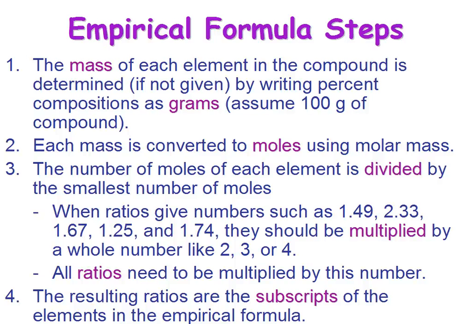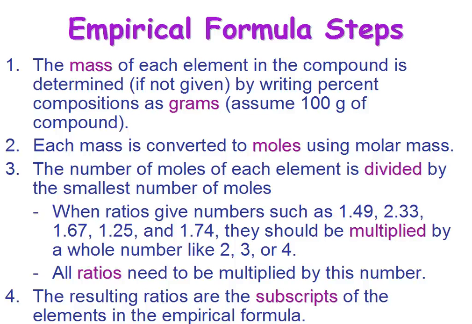Sometimes when you calculate those ratios, you get fractions such as 1.49, 1 1/2, or 2.33, 2 1/3, 1.25, 1 1/4. When that happens, we need to get rid of that fraction, and we do that by multiplying by its denominator. So 0.5 we multiply by 2, 0.33 or 0.67 we multiply by 3, 0.25 or 0.75 we multiply by 4.